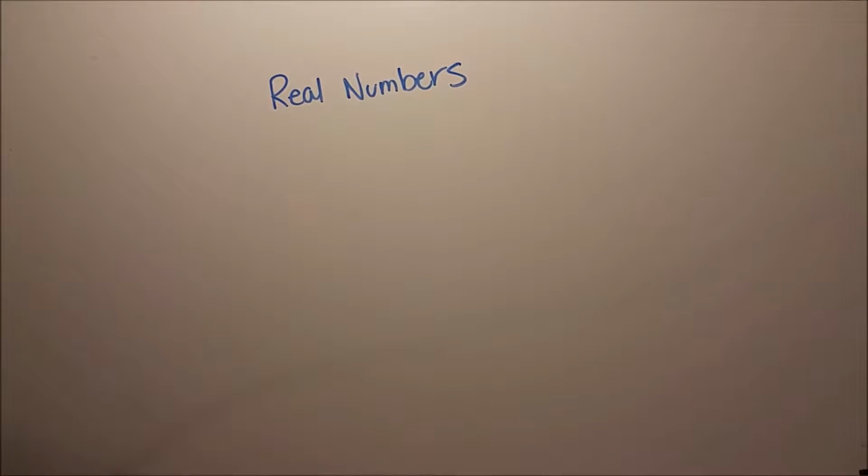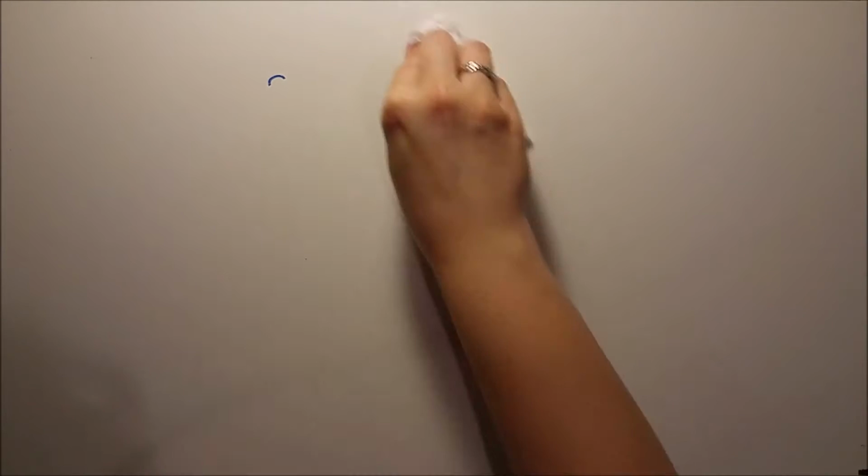This is something that a lot of pre-algebra students have a little bit of trouble grasping and getting a hold of the vocabulary involved. So there are two kinds of numbers.